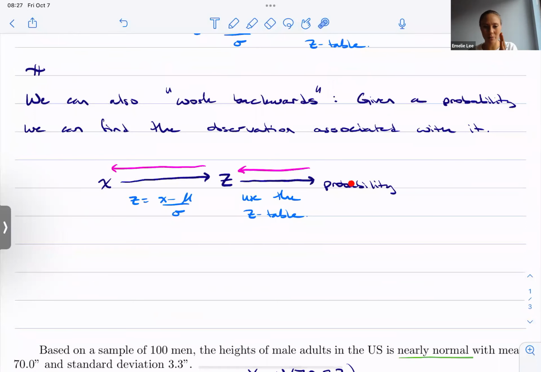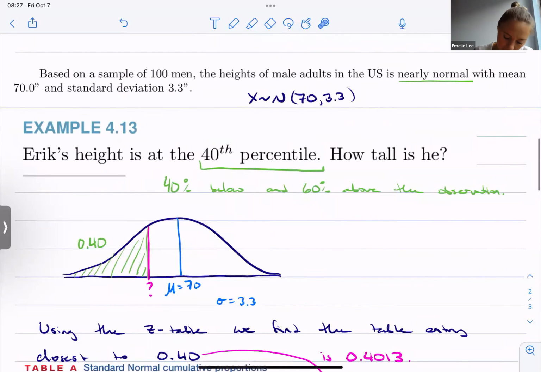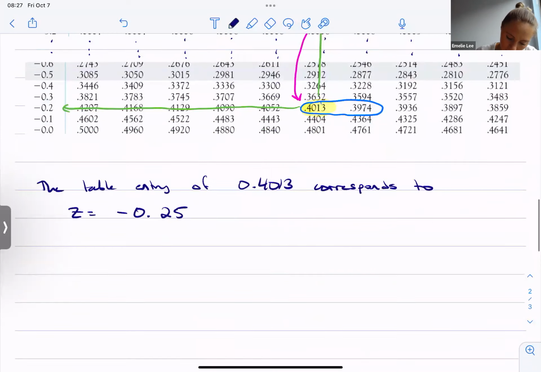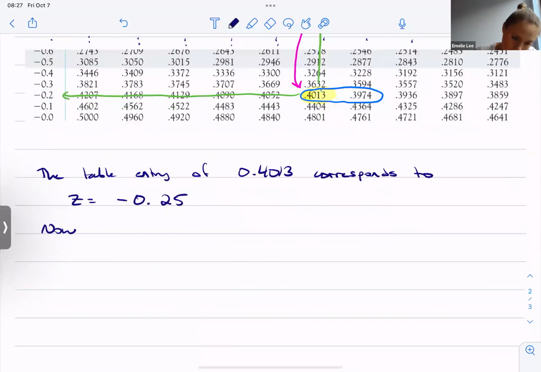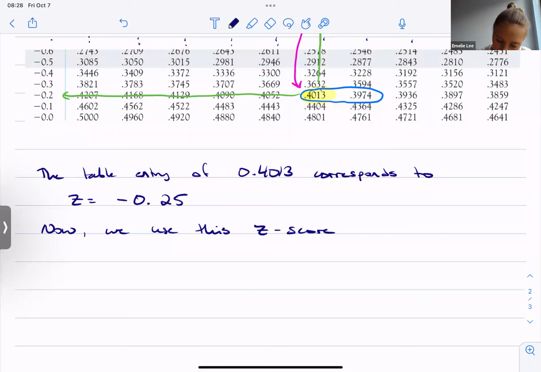We were given a probability, we use the Z table, and now we have a Z. And so now I need to use that Z score to solve for X.